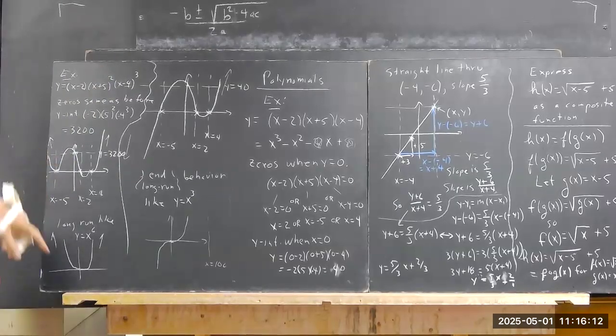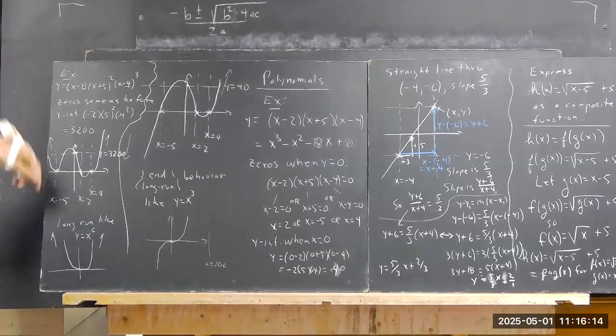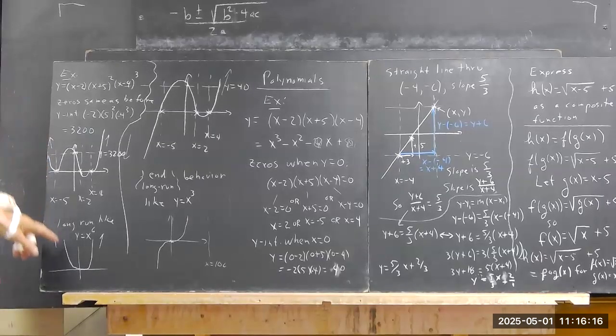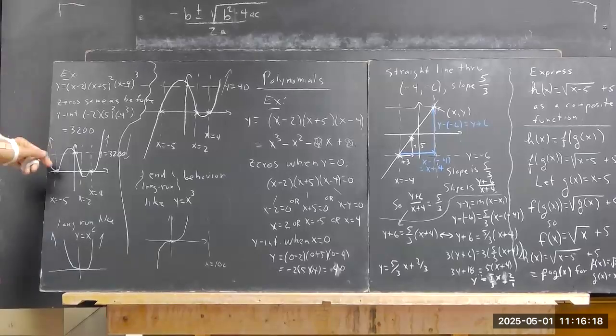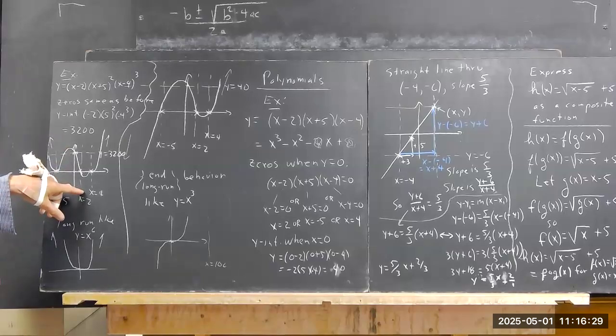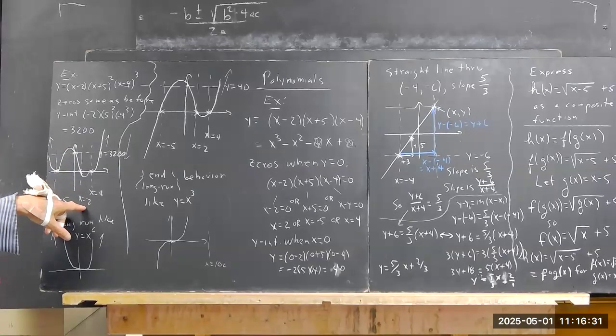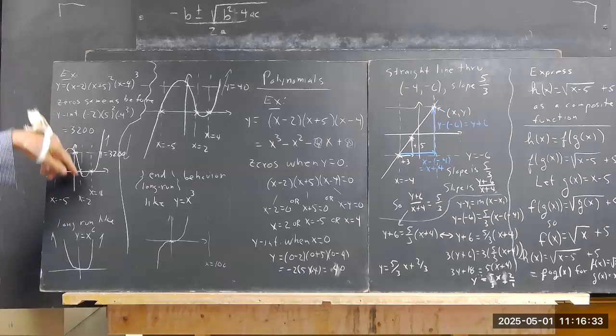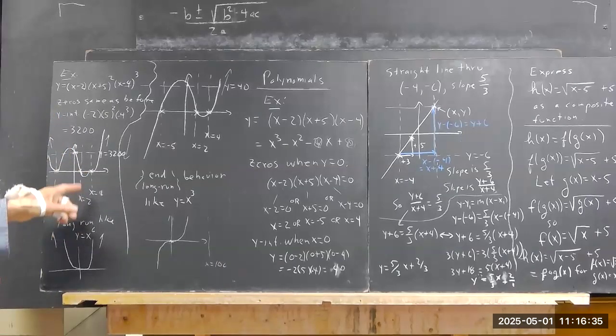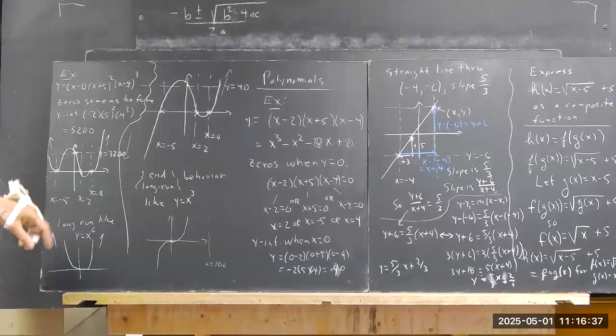So you're going to come down from here because of the long run behavior. You've got to come down from above and you turn around. And then you can go up and through the y-intercept. And then you come down and the next zero that occurs is at x equals 2. Well, we already saw that's linear. And then you've got to go through this point.